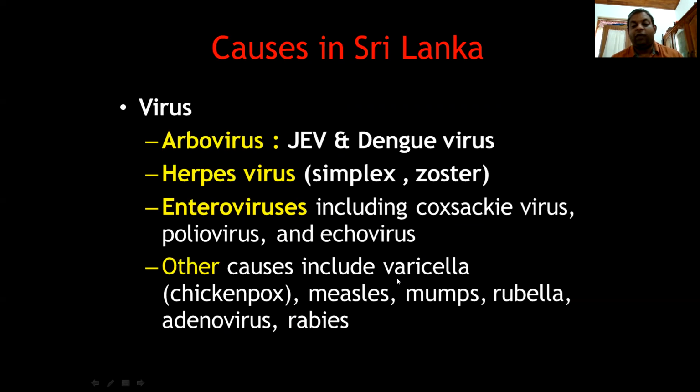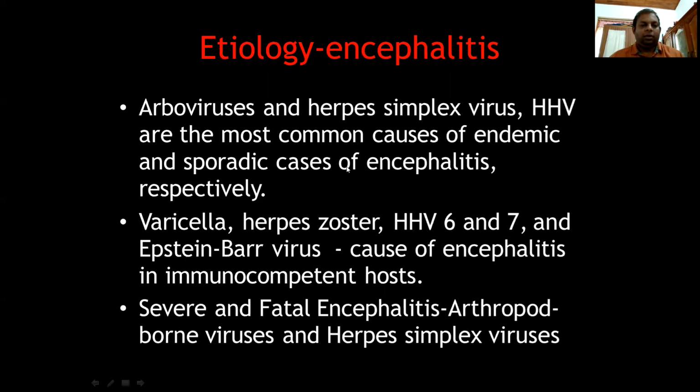Other causes include varicella, measles, mumps, rubella, adeno, and rabies. These are for encephalitis. Arbo, herpes simplex virus, and HHV-6 and 7: any virus can cause it, but the main thing is to think whether it is varicella or herpes simplex, HSV-1.